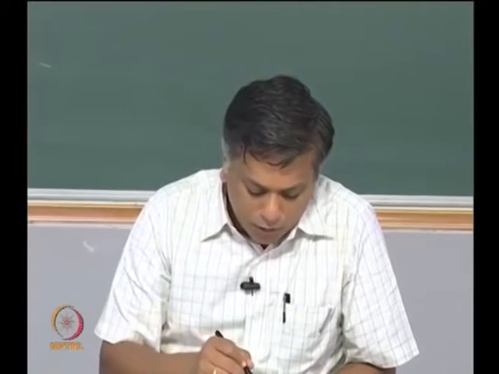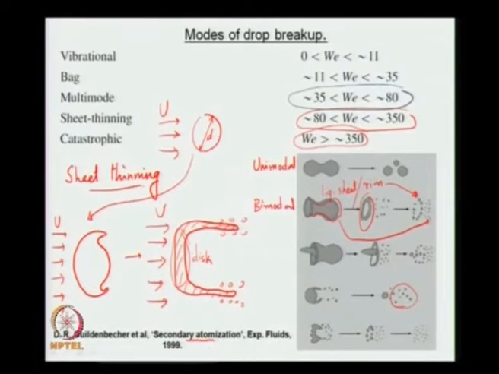Now, this middle region that we skipped as we went forward is called a multi-mode breakup regime, which is where you have a transition from the middle part being stretched, being pushed, like we said, the bag breakup, to the sides being stretched into a thin sheet.